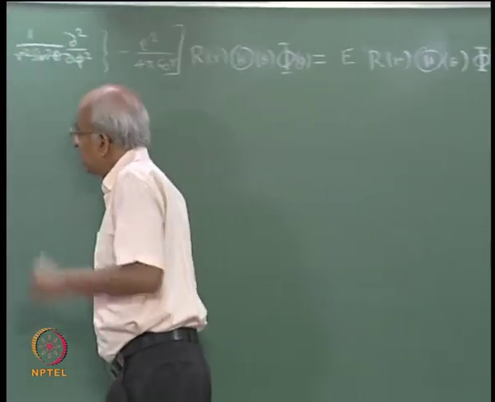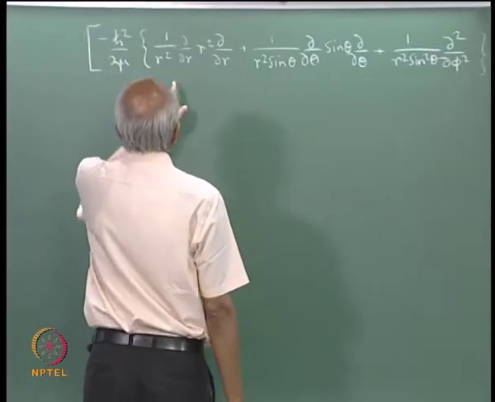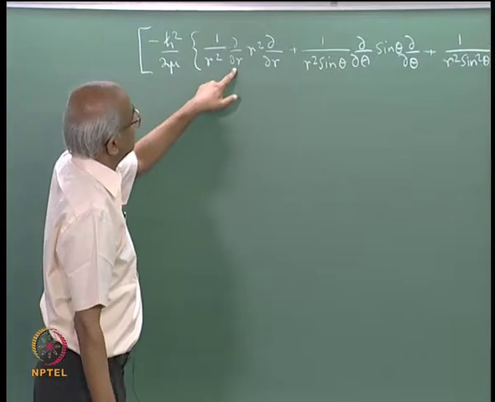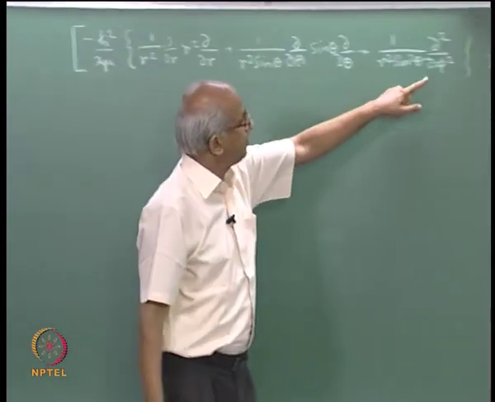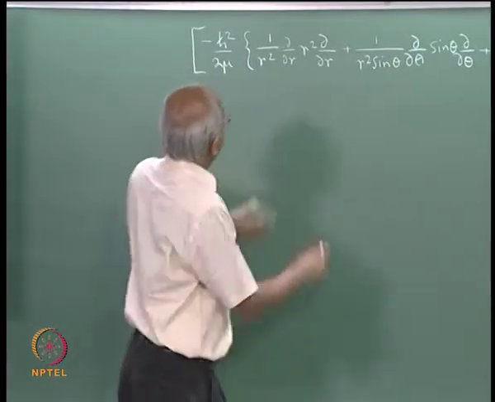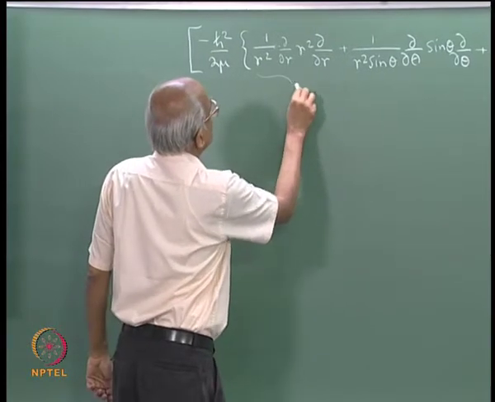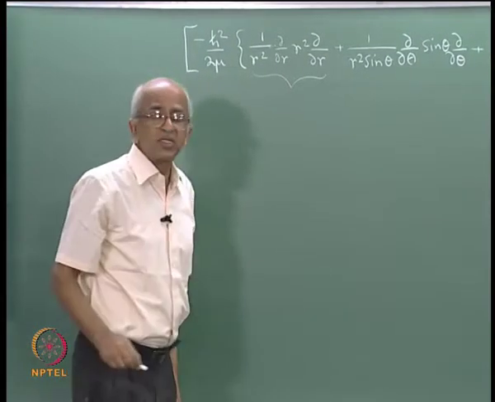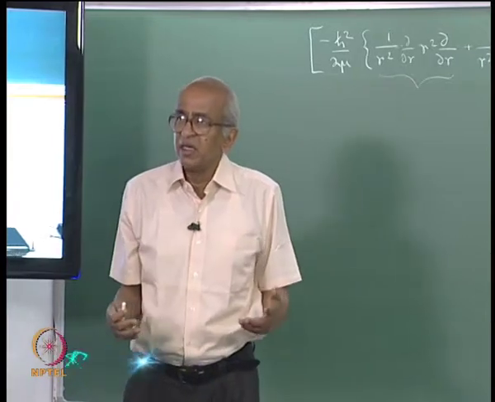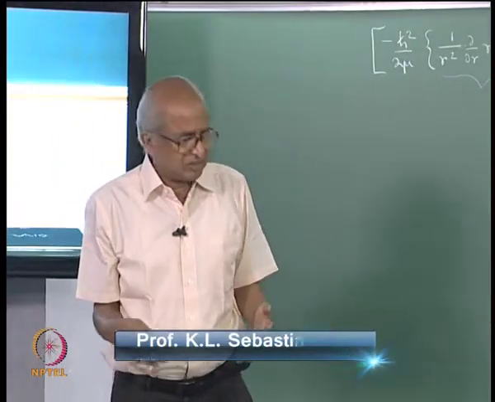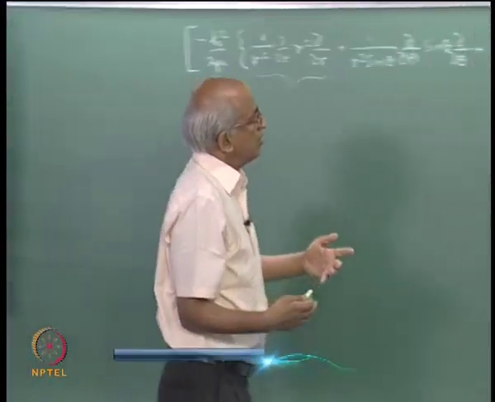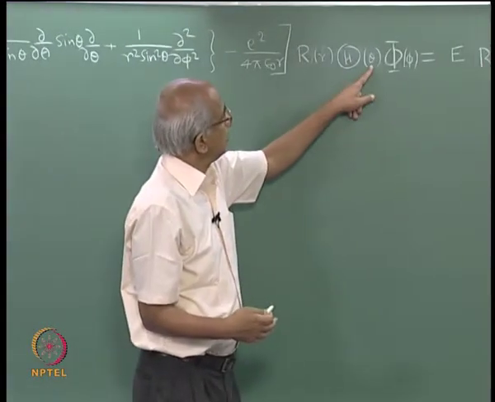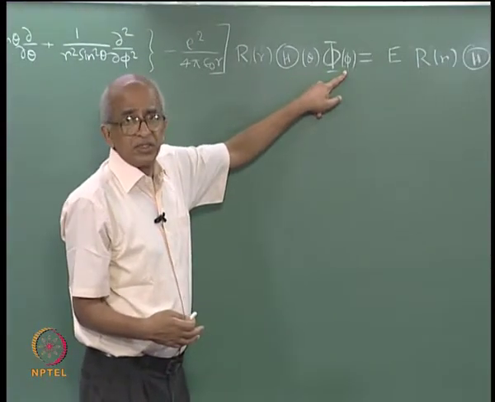Now, if we look at this operator, the operator involves partial differentiation with respect to r, theta and phi. But in here, this operator contains only partial differentiation with respect to r, and in that partial differentiation, variables theta and phi are kept constant.